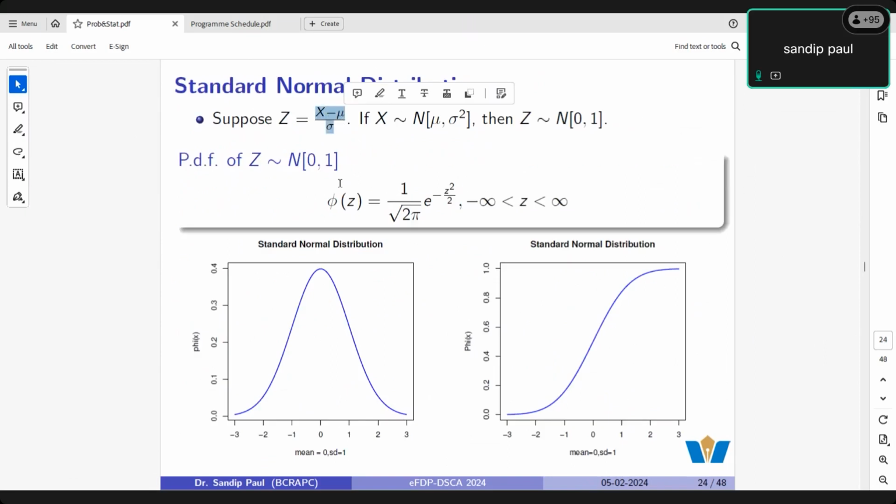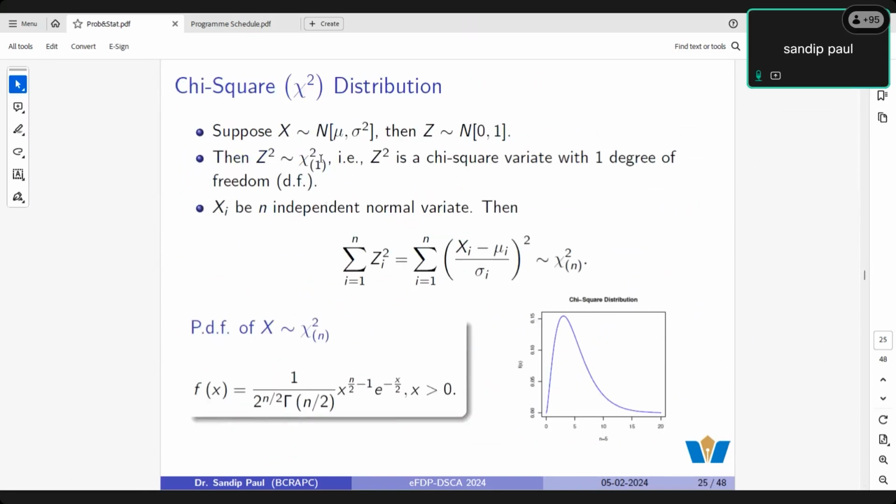Now if we consider the square of this variant, it will be a chi-square variant. So z square is a chi-square variant with 1 degree of freedom.